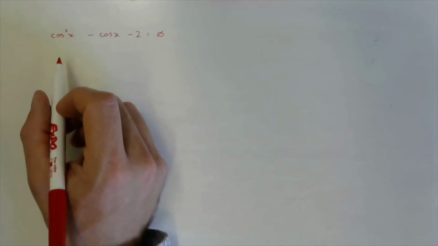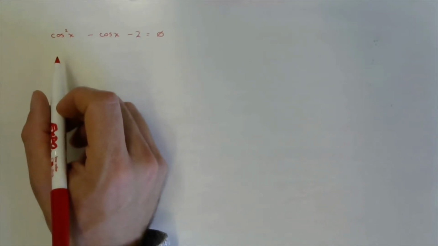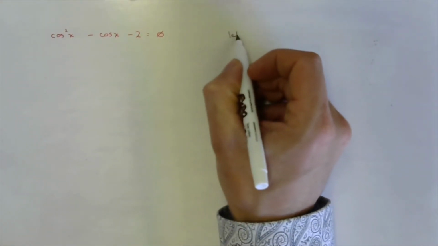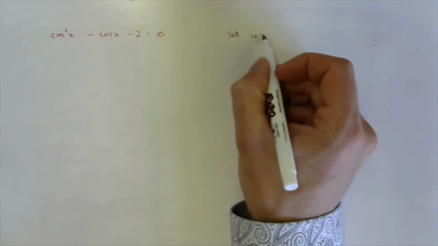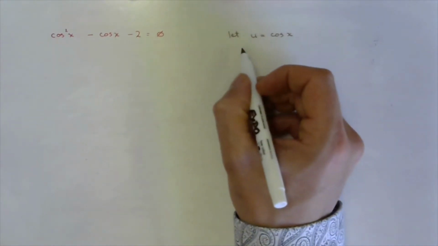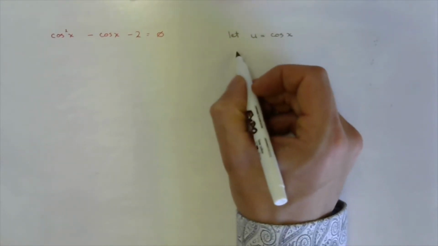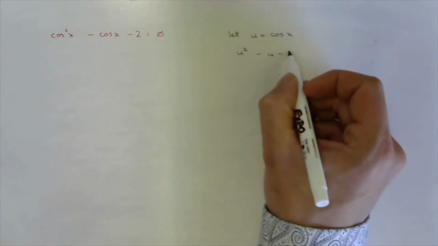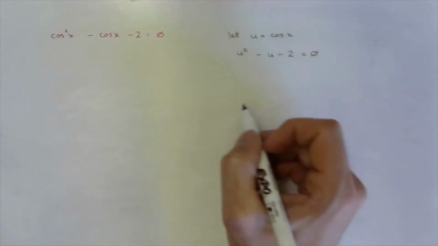What you can do is, I'm not going to use this strategy, but if it's helpful to you, pick a letter, let u be the cosine of x. And now you can rewrite that statement as u squared minus u minus 2 equals 0.